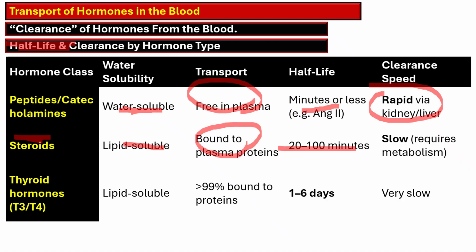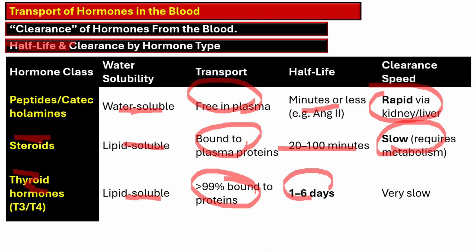Their half-life is 20 to 100 minutes, and they require metabolism, so their clearance is slow. The thyroid hormones such as T3 and T4 are also lipid soluble and bound with proteins. More than 99% of these hormones are bound with protein, and their half-life is 1 to 6 days, and their clearance is also very slow.